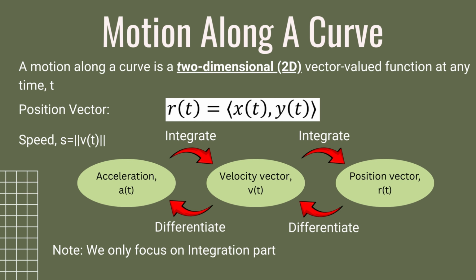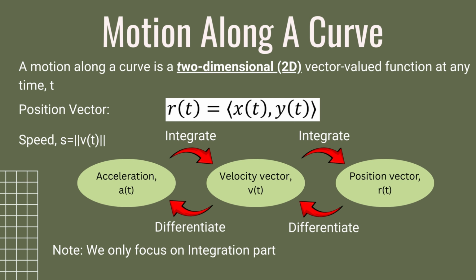If they give acceleration in the question, and we need to find the velocity or position, we need to integrate. So in this slide, we are mainly focused on integration.